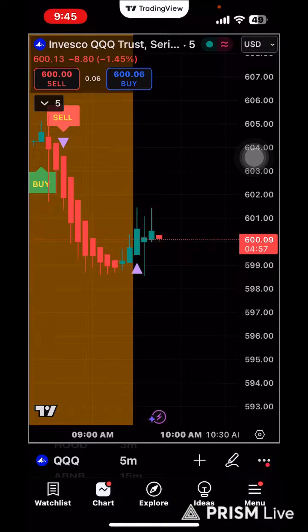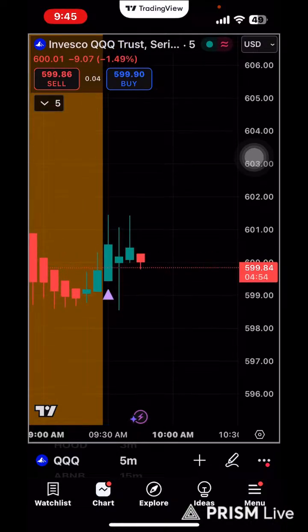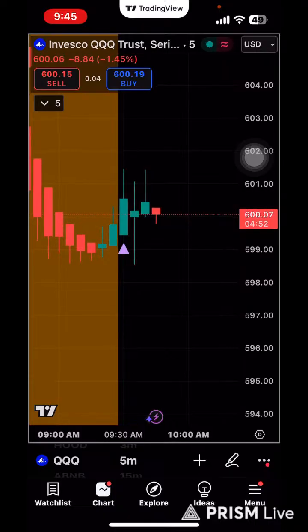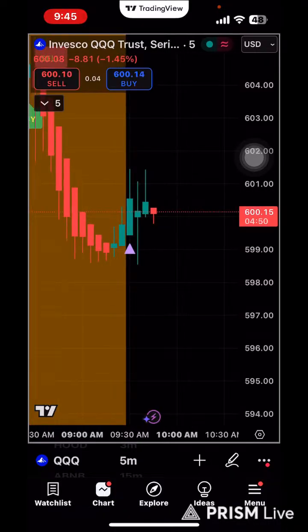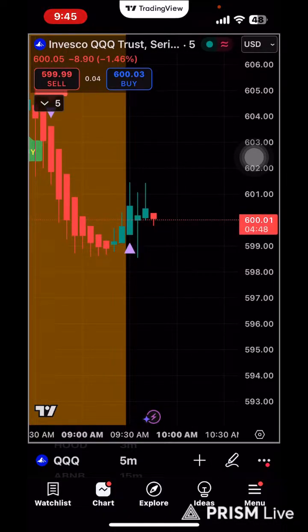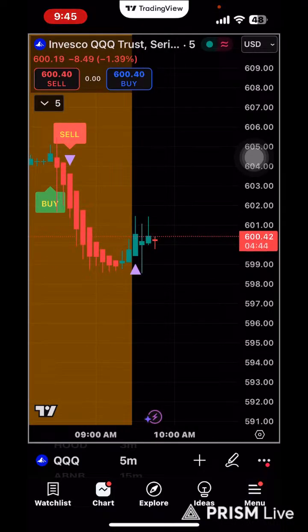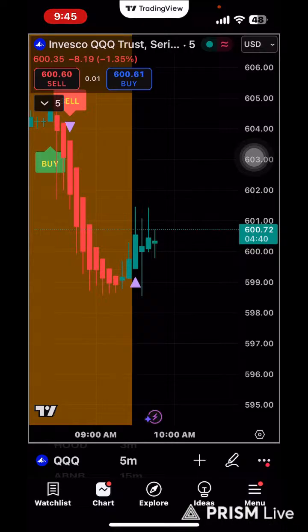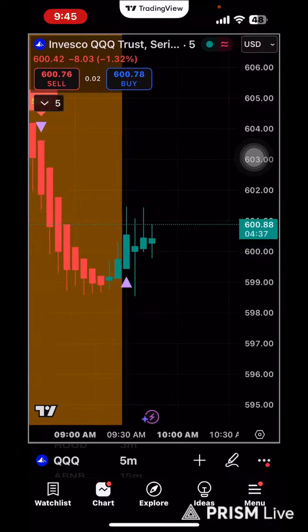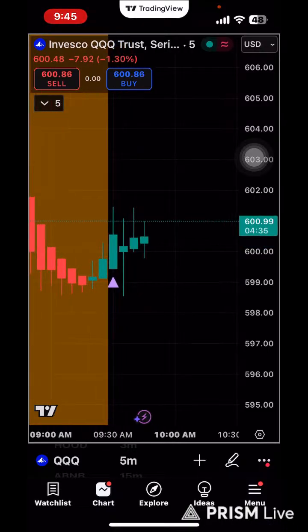I don't know the exact mechanism of the fake out, but I think there's definitely a short bias for today, given everything that's happening in the world, plus also the economic data that came out about 30 minutes ago, which was across the board perceived to be negative for the economy.